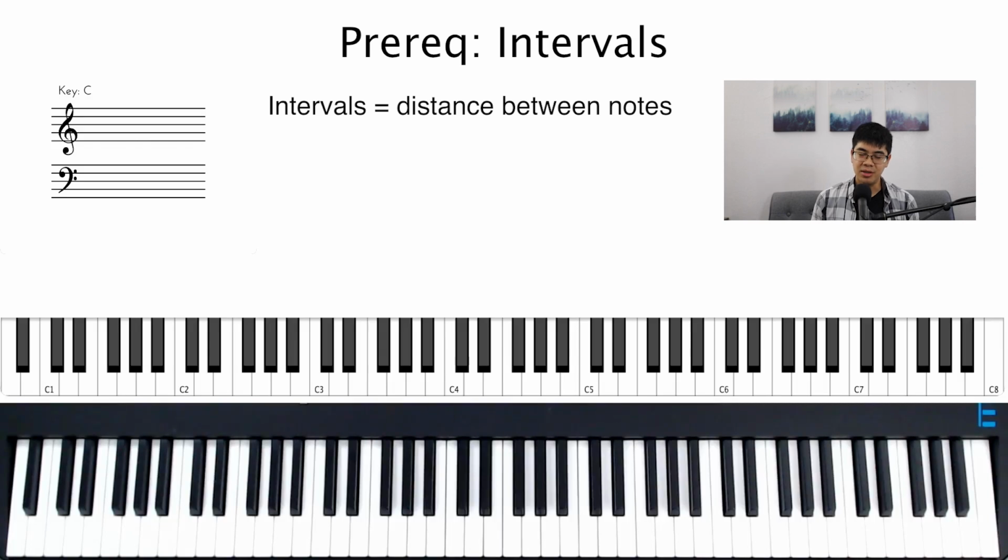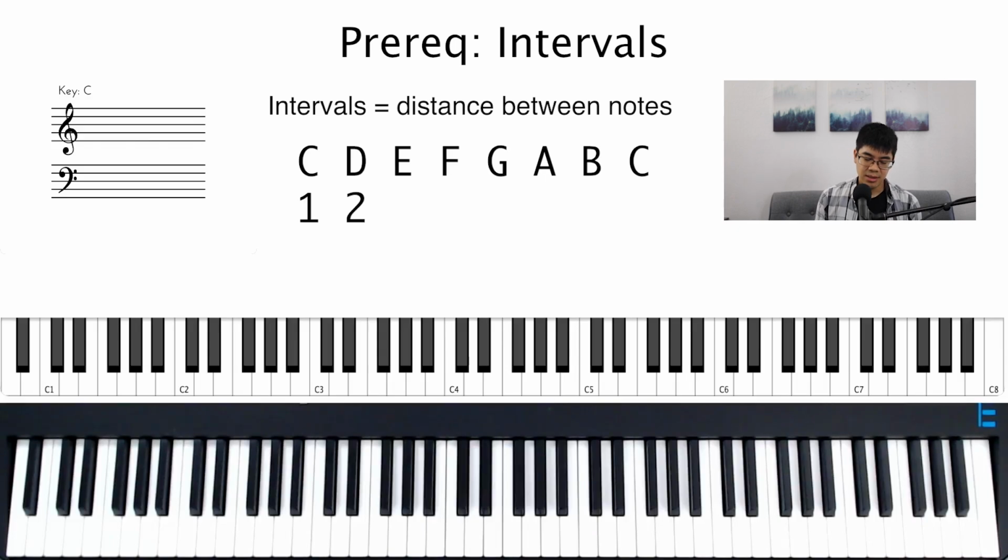Today I'm not going to be talking about the extremely precise way. I'm just going to talk about the interval number. So what I mean by this is that if you start on C and you're in the C major scale or in the key of C, the distance between C and D, what is that?